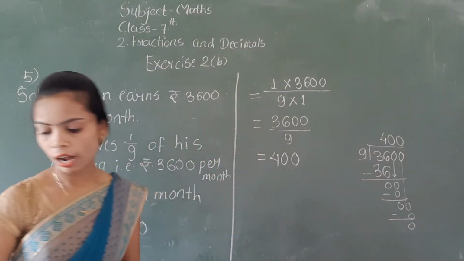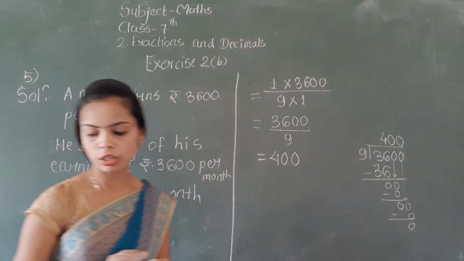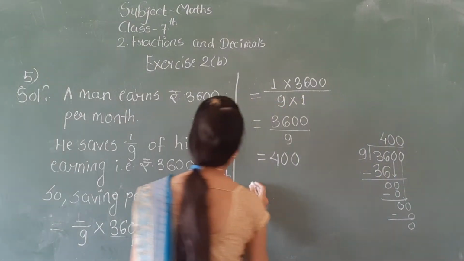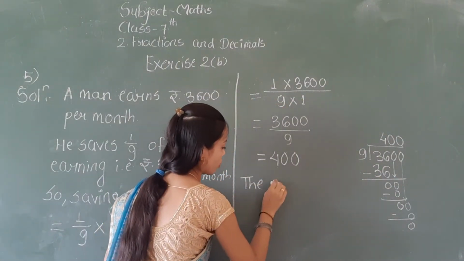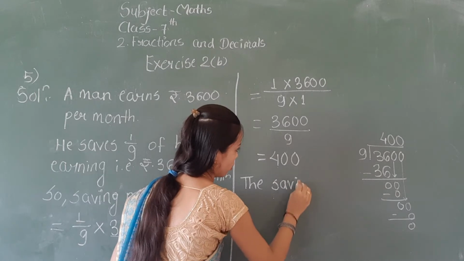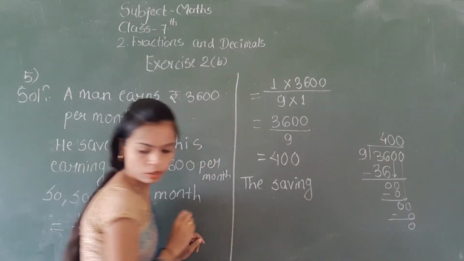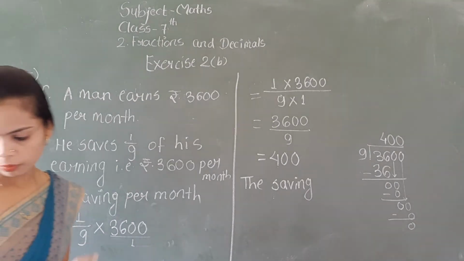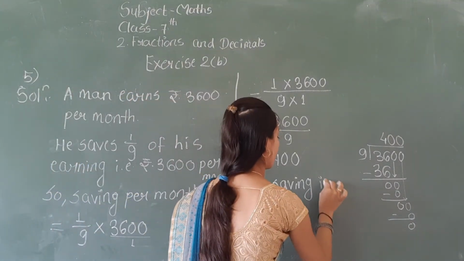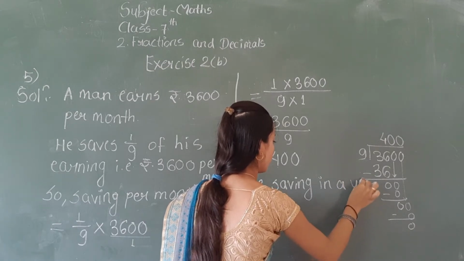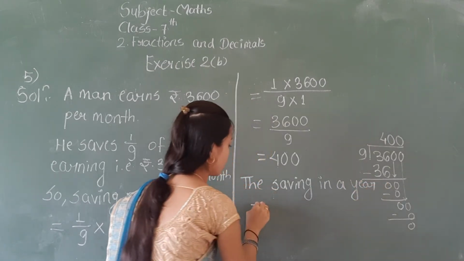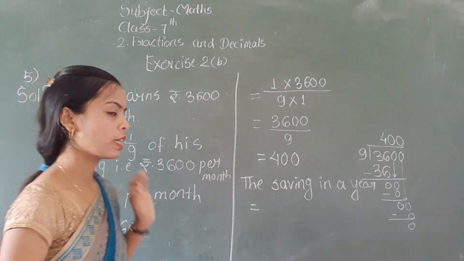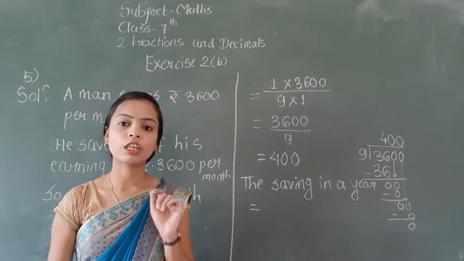After that the question is, how much does he save in a year? So the saving in a year is equal to, क्योंकि ये जो आपका आंसर आया that is 400 is per month and in a year there are 12 months.